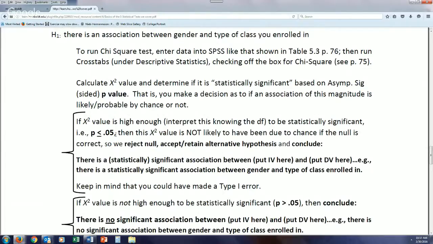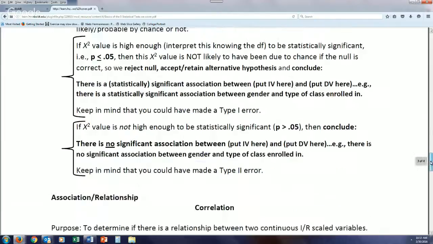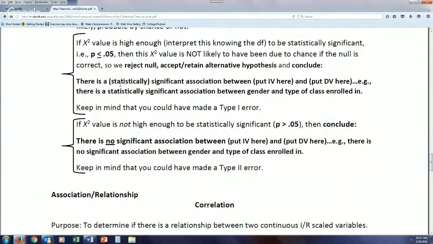If the p is less than 0.05, we reject the null and accept the alternative hypothesis. We will then say there is a statistically significant association between gender and what class you chose. And if there is a p greater than 0.05, we're going to say there was no significant association between gender and classes that you chose.